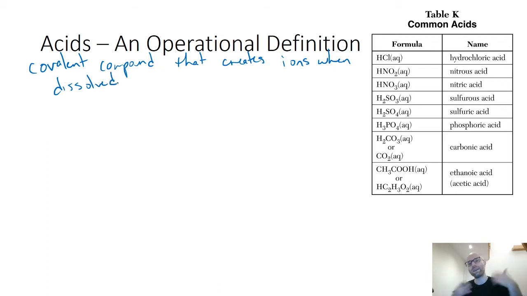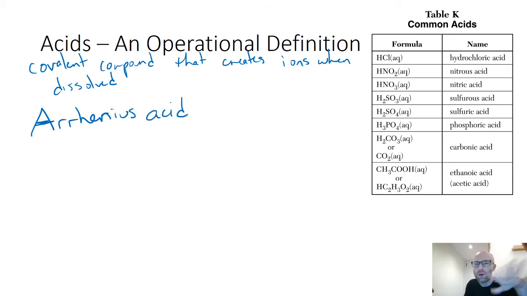Now, this is my definition of an acid. And of course, I like my definition, but I'm not that important that I get my own name for it. The operational definition, the idea is that a definition of an acid is how an acid behaves. The definition that we're going to use in this course is named after a scientist named Arrhenius.